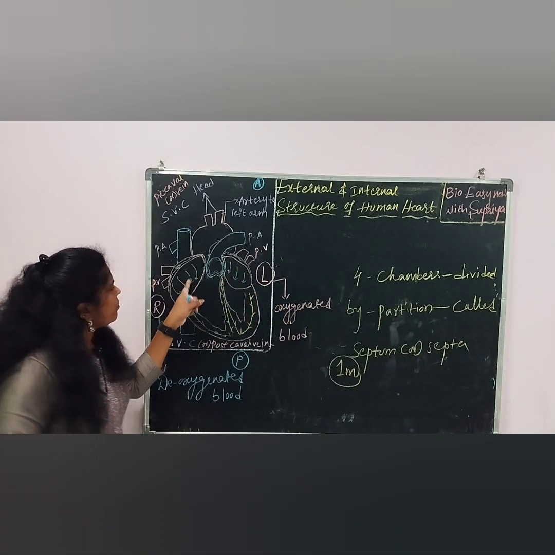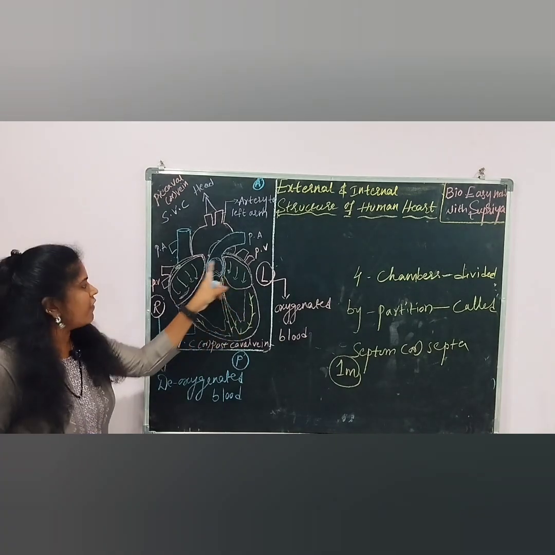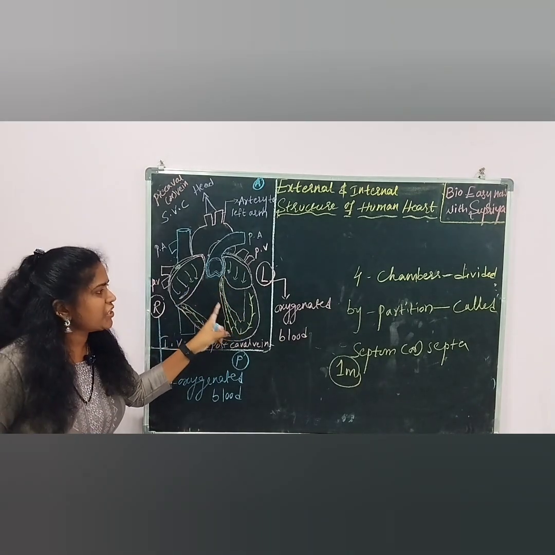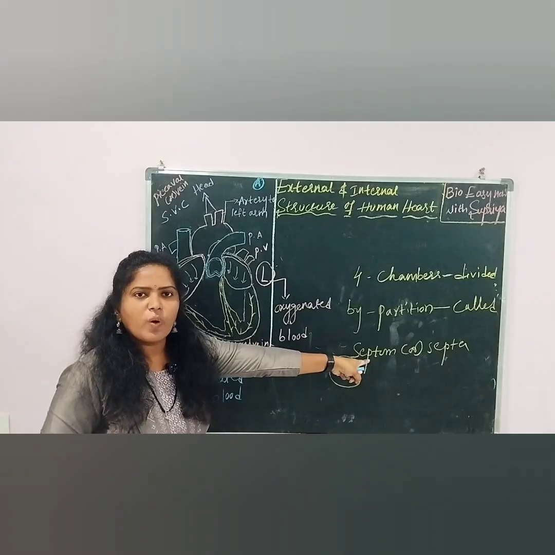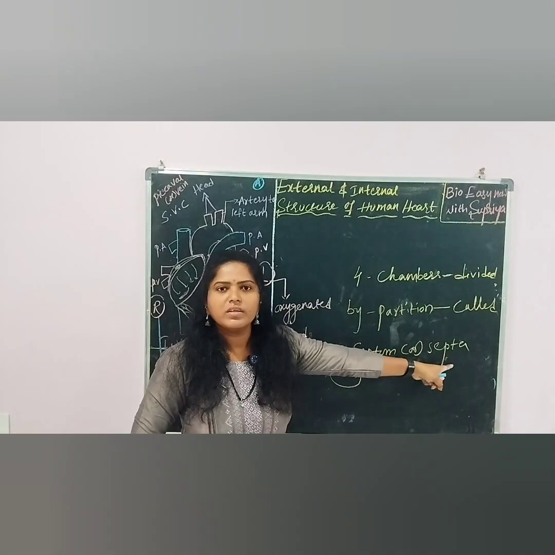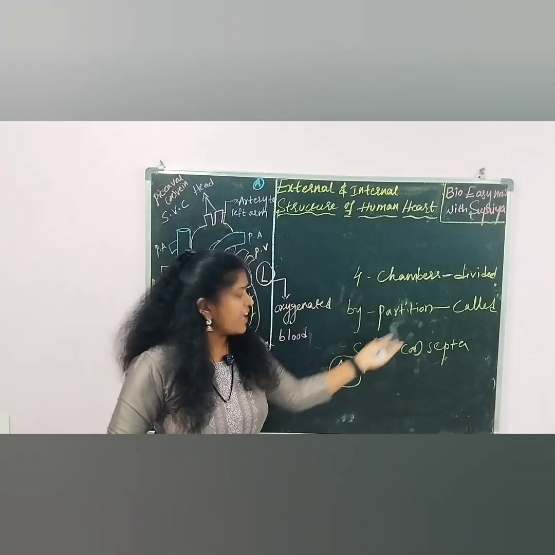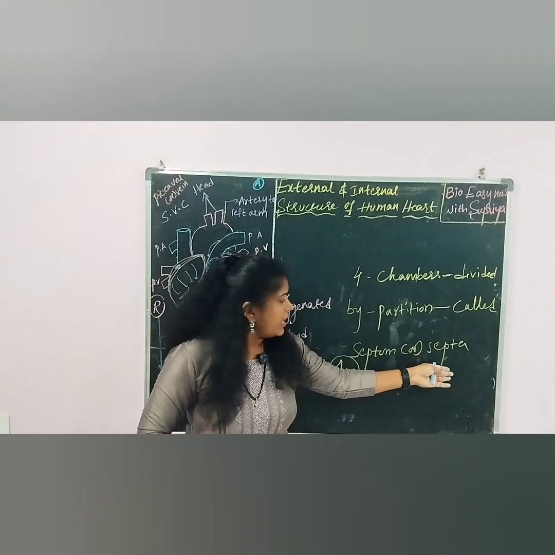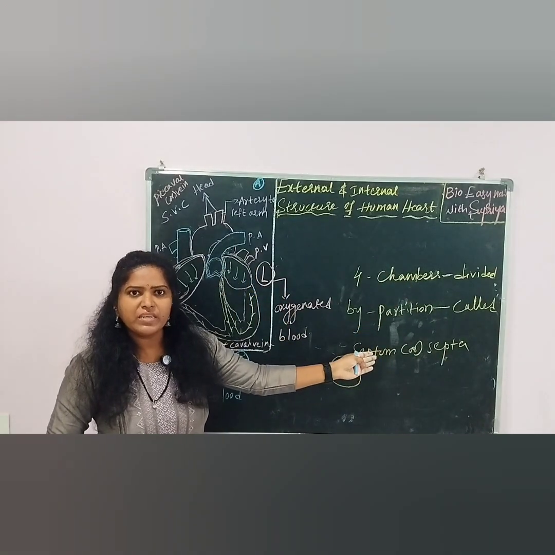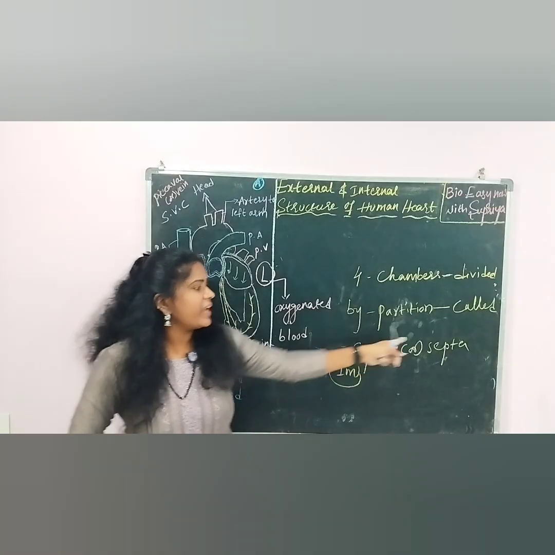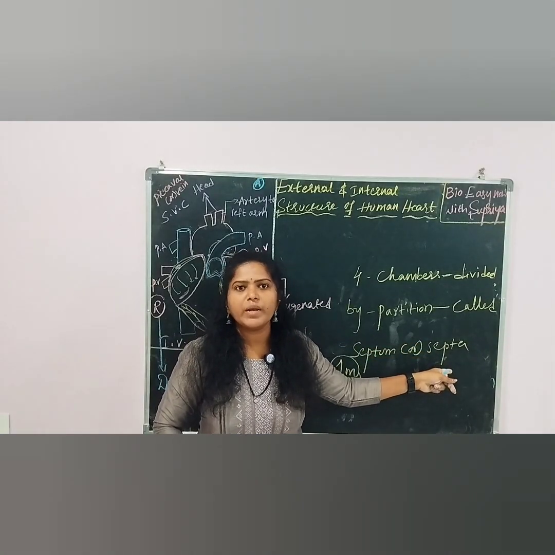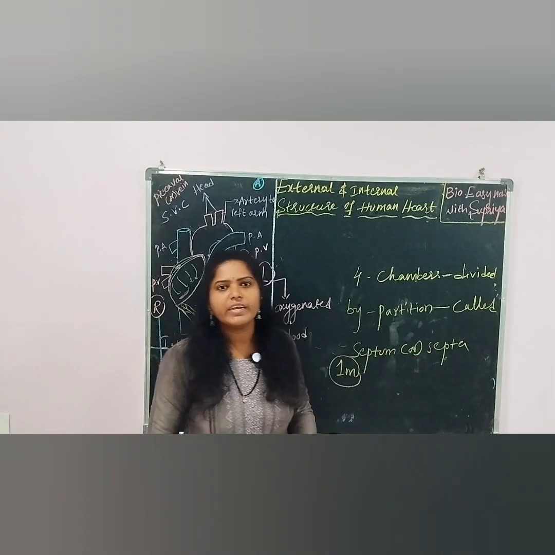The 4 chambers of the heart are divided by a partition, called the septum or septa. It has a main role: it not only acts as a partition, it also separates the deoxygenated blood and the oxygenated blood.